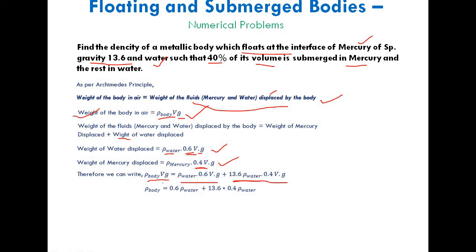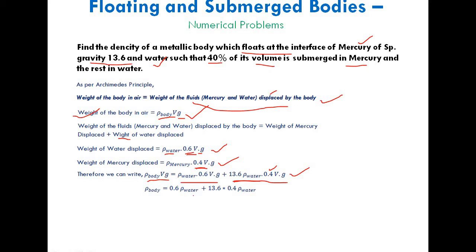You can simplify this equation, because V cancels off from both sides, g also cancels off. Dividing throughout by V g, you get rho of body equal to rho of water into 0.6 plus 13.6 into 0.4 into rho of water.